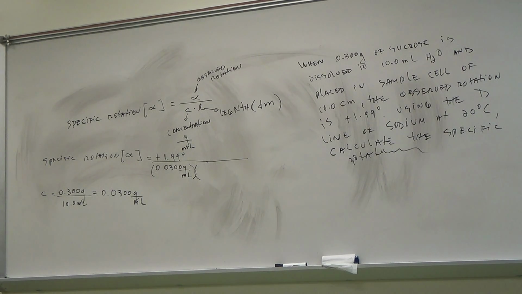You ready? My turn. One decimeter is equal to 10 centimeters. Divided by 10. 0.1. One decimeter is equal to 10 centimeters.